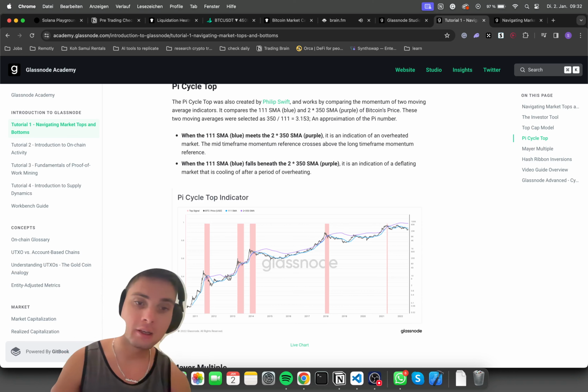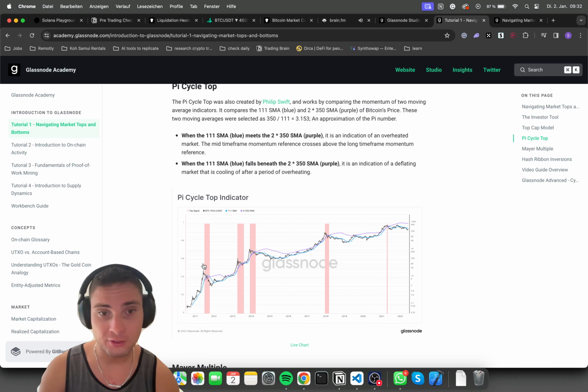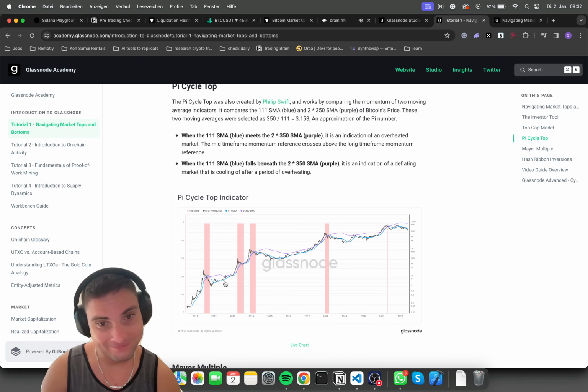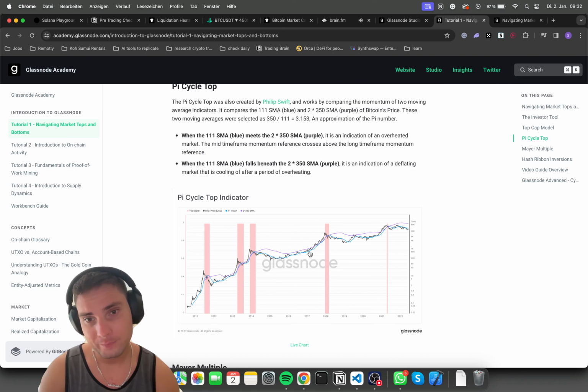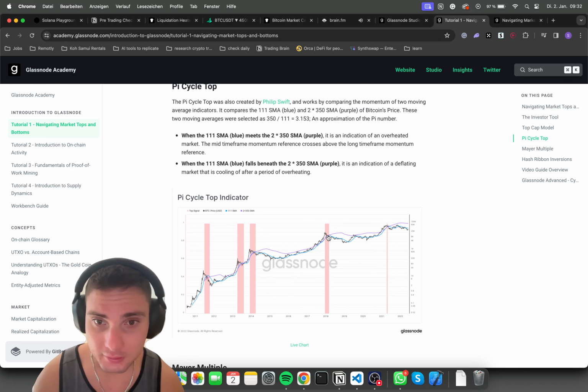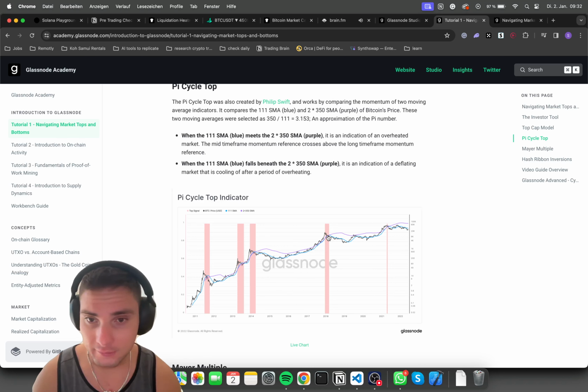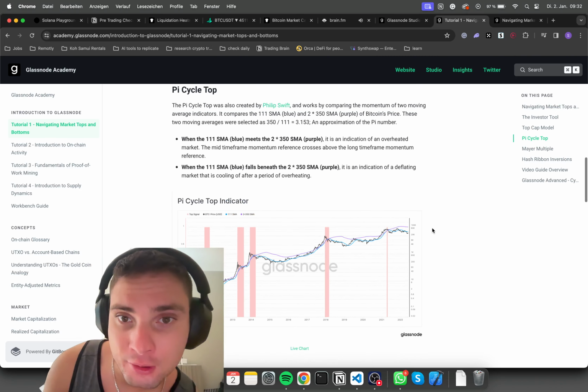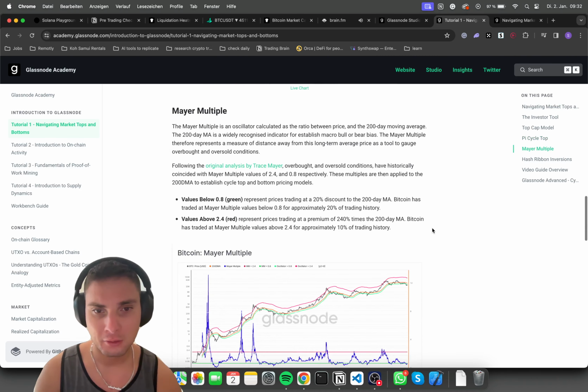Okay, if you look at where the price, the black line, crossed the blue line, we would have sold here, bought here, retested, sold here, and bought here, sold here, bought here, hopefully not sold here, and then sold here again. So, yeah, I'm not too familiar with the data, but it looks interesting.